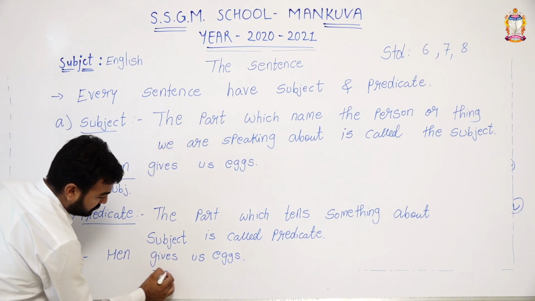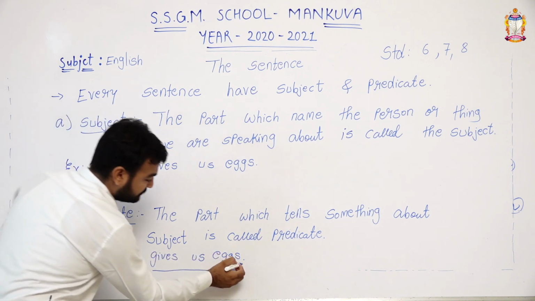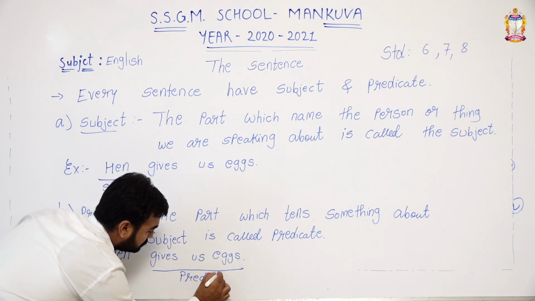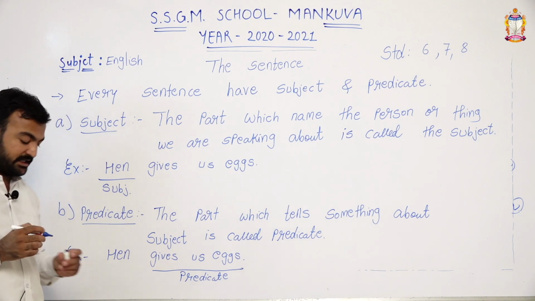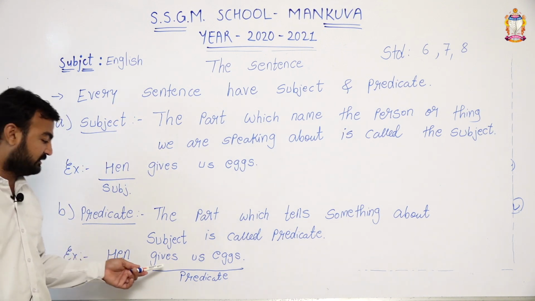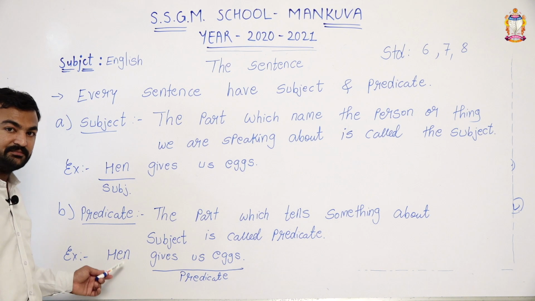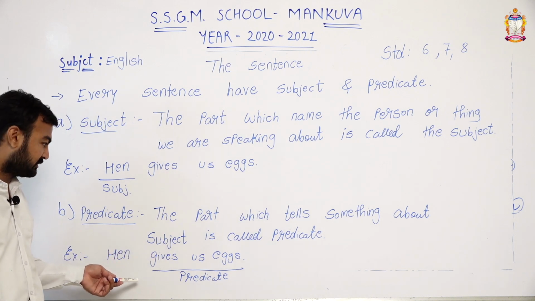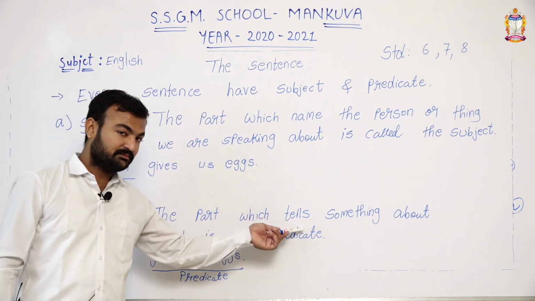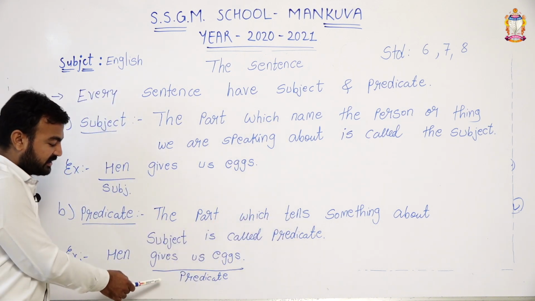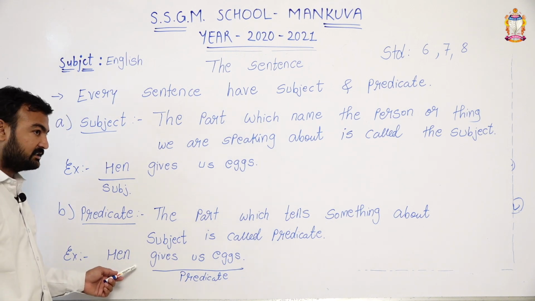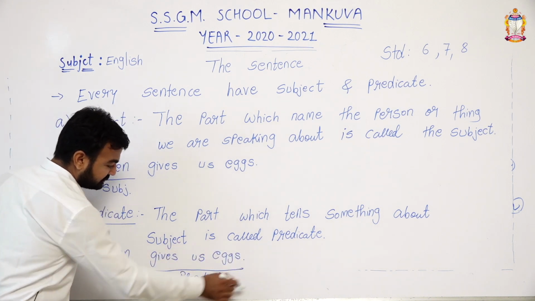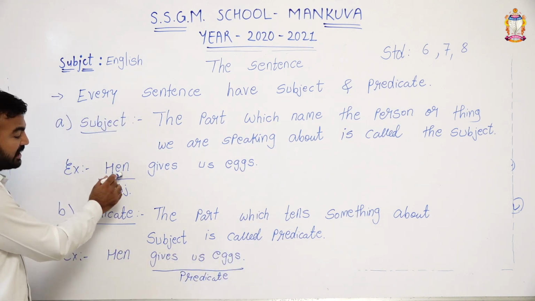Over here, from gives to eggs, it is called predicate of the sentence because it shows what the subject is doing, or what we are saying about the subject. So here we come to know that hen gives us eggs, so gives us eggs is the predicate of the subject hen.